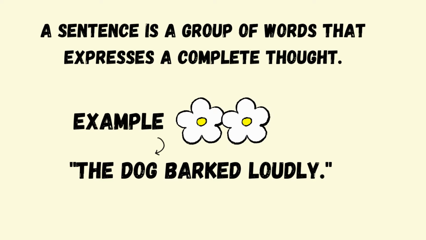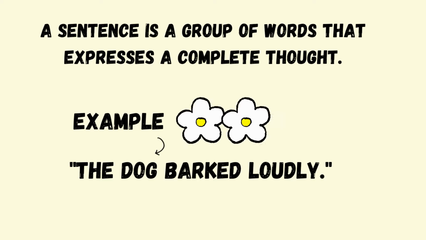Next, let us see the definition of a sentence. A sentence is a group of words that expresses a complete thought. It has a subject, which is what or who the sentence is about, and a predicate, what is being said about the subject.